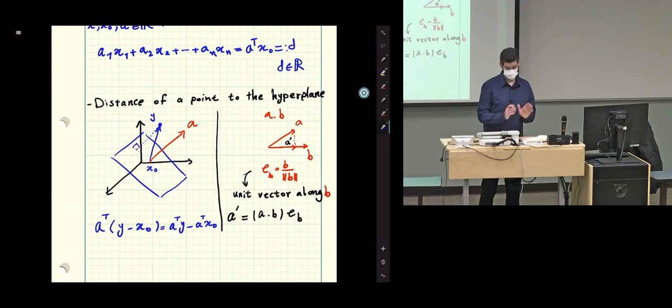And now, this is not going to be 0. This is my question for you. I claim that this is not going to be 0, and you tell me why that's the case.